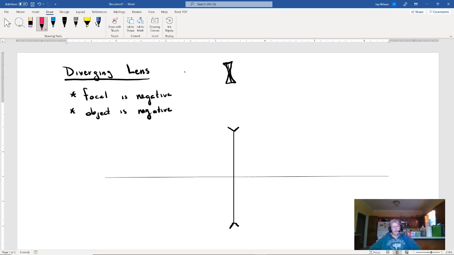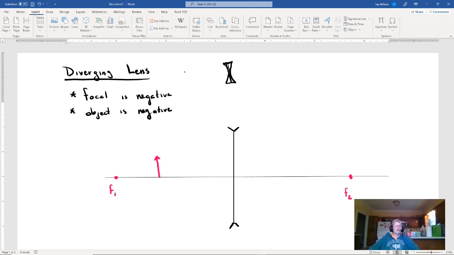So now let's pick an object. Here's my object. Here is, let's do focal points out here this time. Focal 1. That's not far enough, is it? Focal 2. All right, I feel good about this.